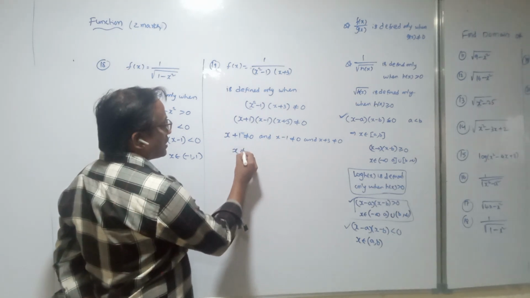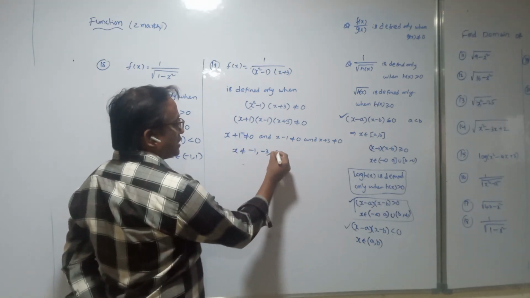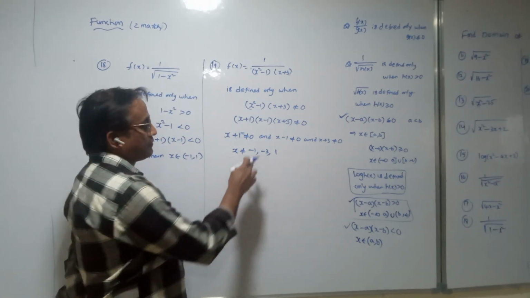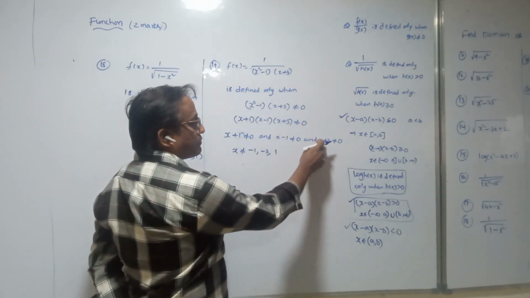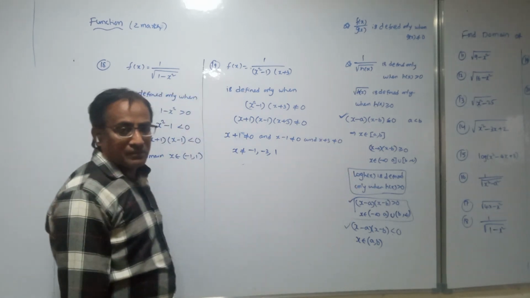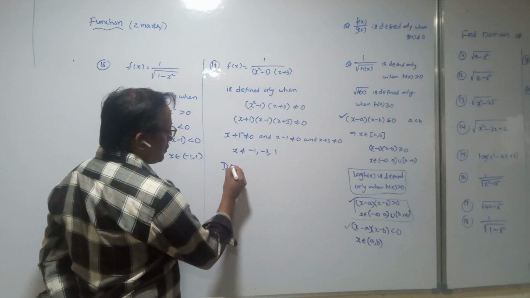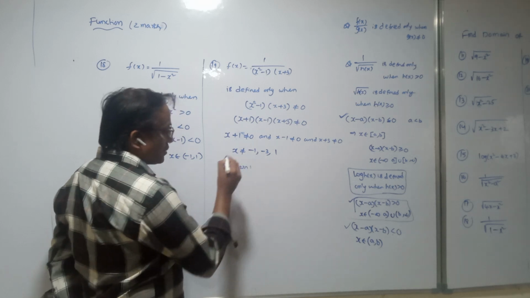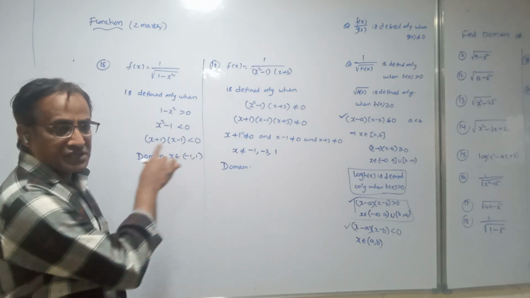So x is not equal to minus 1, minus 3 and 1. That means for the domain, you can take every real value except these numbers.